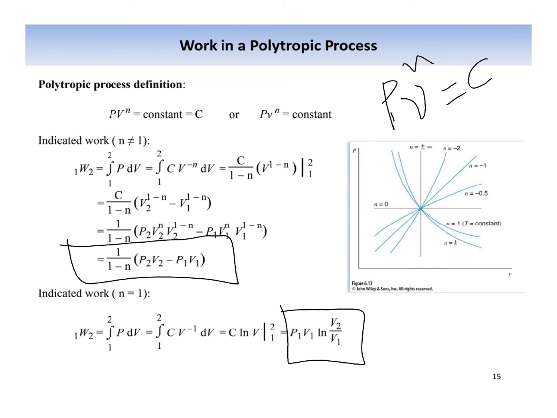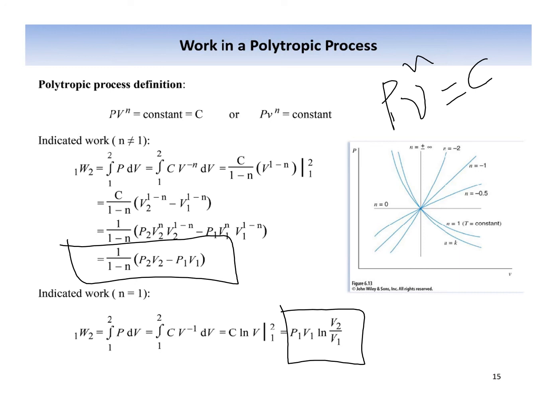We can calculate or define this value of n using our knowledge and understanding of thermodynamics, combining it with the engineering application we are talking about. We will do some examples in which we will come to know the value of n from the statement, from the scenario we are talking about. We will do some examples in coming slides.